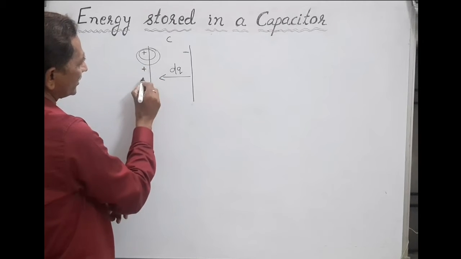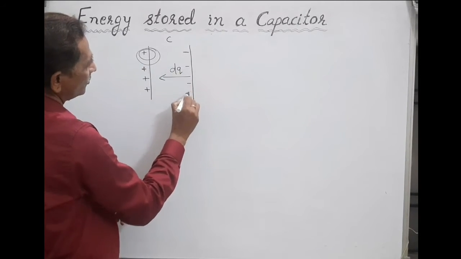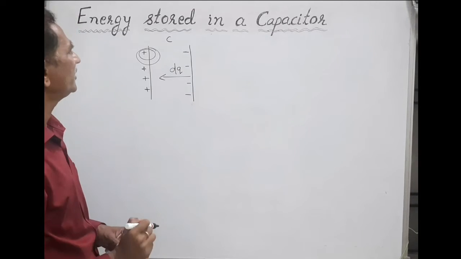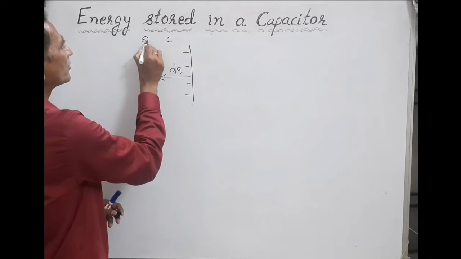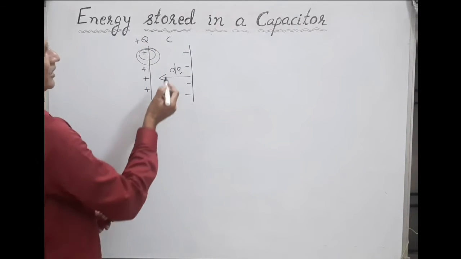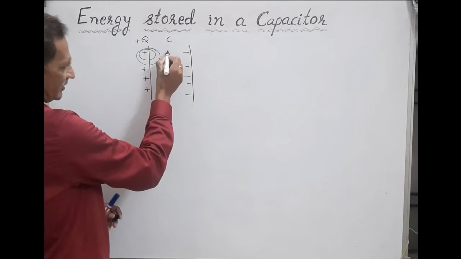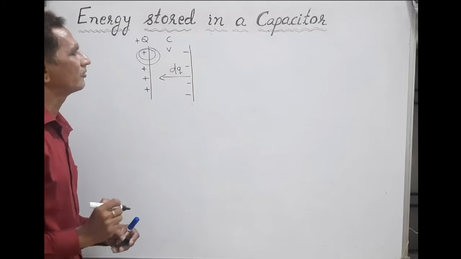The external work is done from 0 to the maximum amount of charge, that is from 0 to plus q. At the intermediate stage, the potential developed is small v.